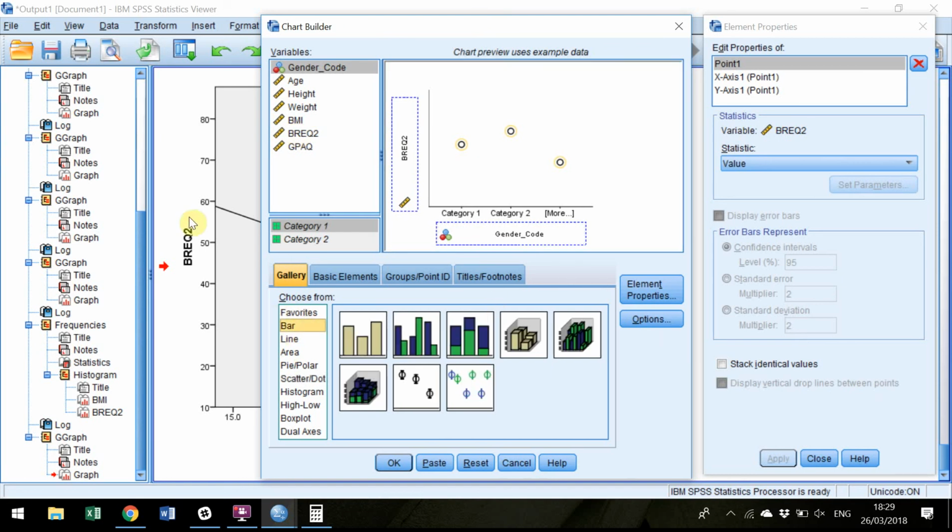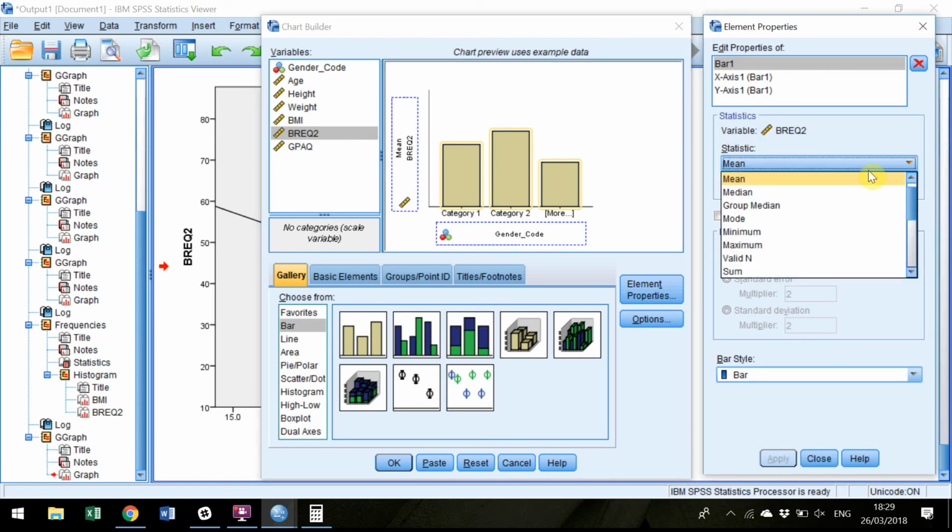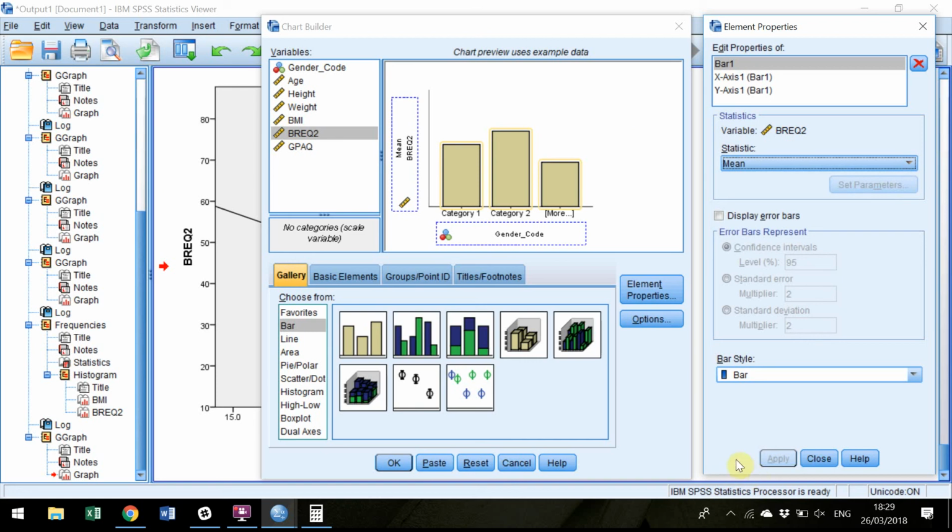In this case, simple column graph, gender code on the x-axis because that's categorical, and then I don't want the count, I want the mean Breck. Okay, incidentally, as I said before, you can change the statistic on the y-axis here, so you can have median or mean or several others.